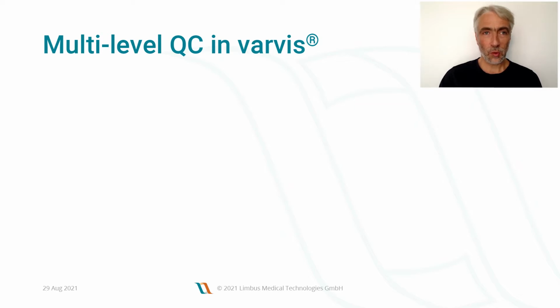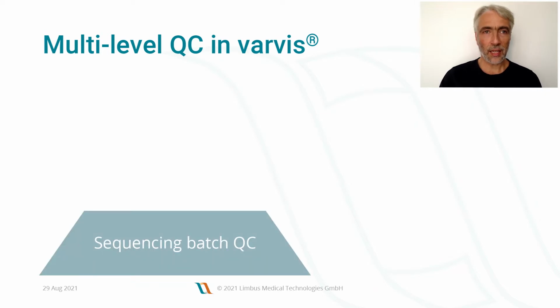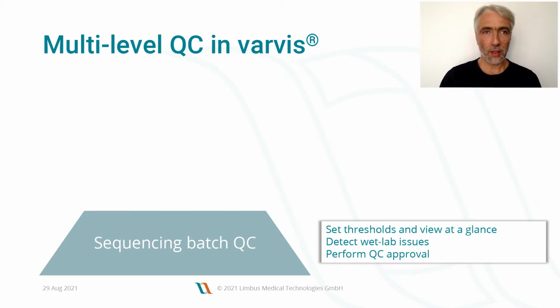Once the validation has been completed and the performance has been measured, specific quality criteria are defined and thresholds for quality metrics are defined. And these metrics can be monitored on several levels in varvis. The very basic level is a sequencing batch-oriented view on the data where issues in the wet lab can very easily be detected.